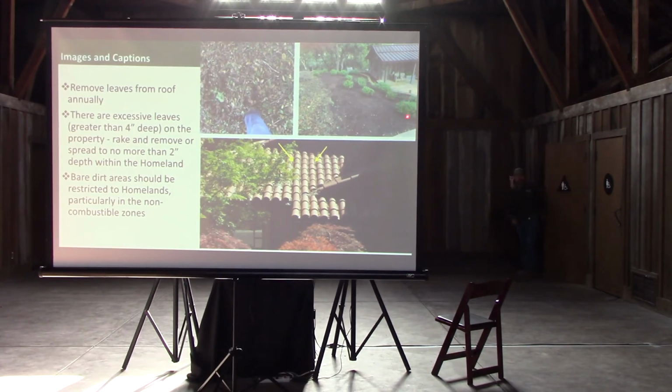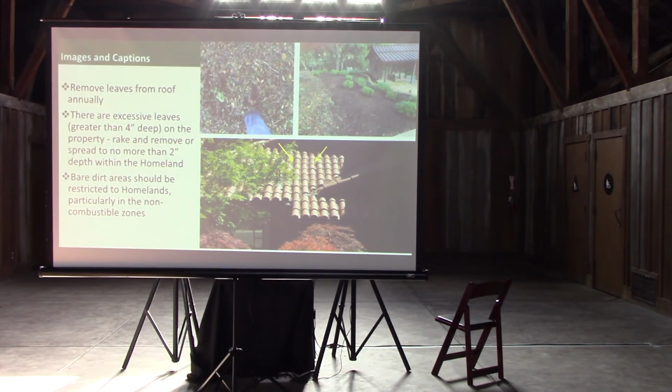In the non-combustible zone, we like the bare ground. When you get away from that, the bare dirt is good for non-combustible, but it also leaves it open for weeds, and we're concerned about weeds too, so a little bit of leaf litter is okay. When this is raked or blown, sometimes these piles can accumulate, and eventually that's going to catch up to you. Eventually you're going to get leaves that are over 4 inches and piled high, and you're just going to have to remove them because you've already moved them all around the property and there's no more room for leaf accumulation.